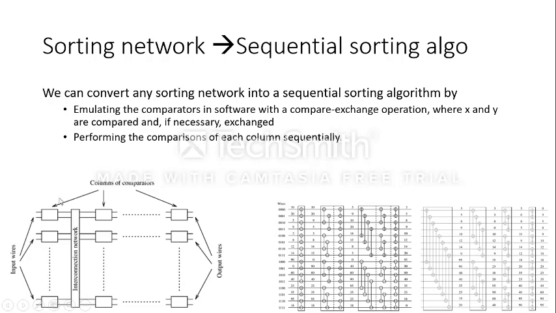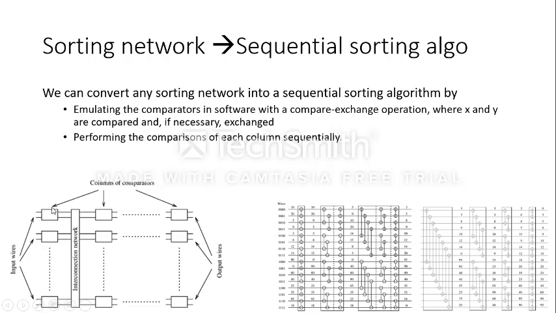Now in the parallel architecture, all of the comparators in the first column are executed simultaneously. Similarly, in the second column, all of these comparators are executed simultaneously. But if we implement this same algorithm sequentially, then all of these comparators will not execute simultaneously.